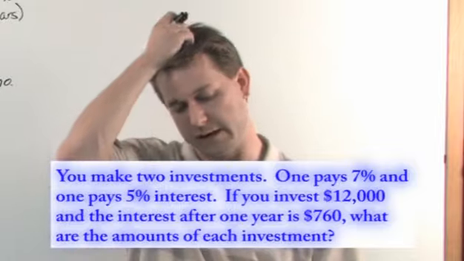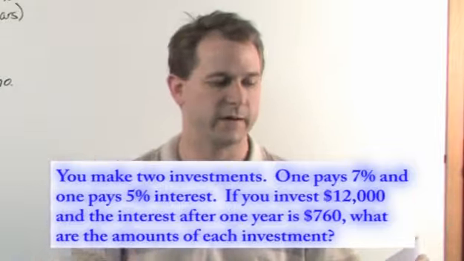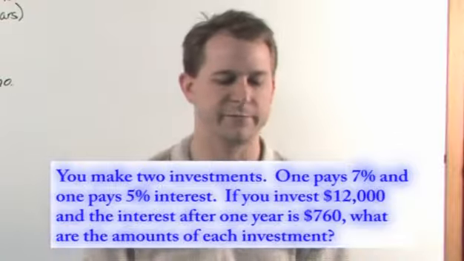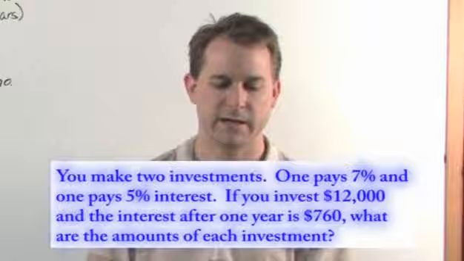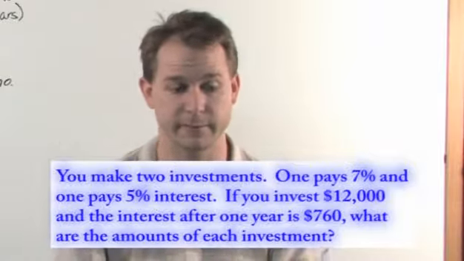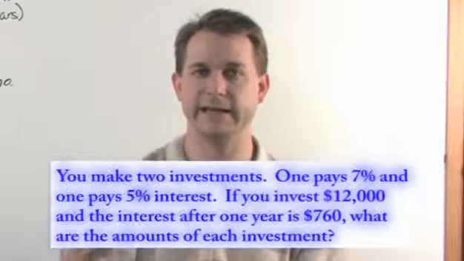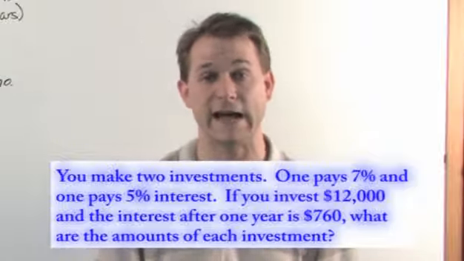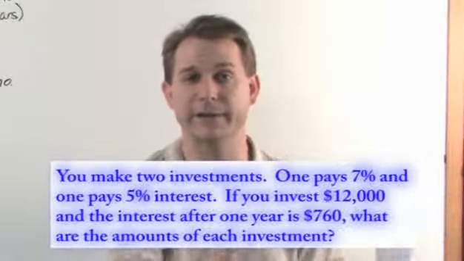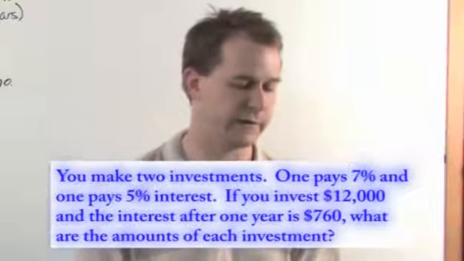So again, you have two investments, different interest rates. One pot of money is growing at 7%, other pot of money is growing at 5%, but if you invest a total amount of money of $12,000 split between these two investments, and at the end of the year it's $760 that you get out, then how much money did you actually invest in either pot? How did you split that money up to begin with? That's what the real question is.